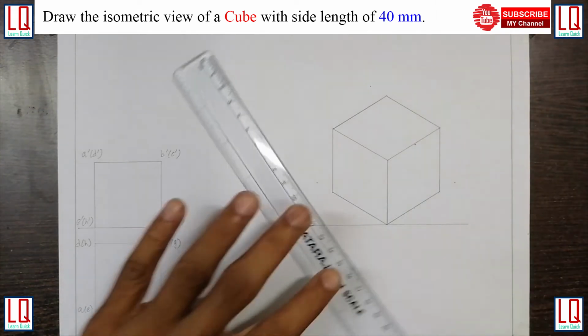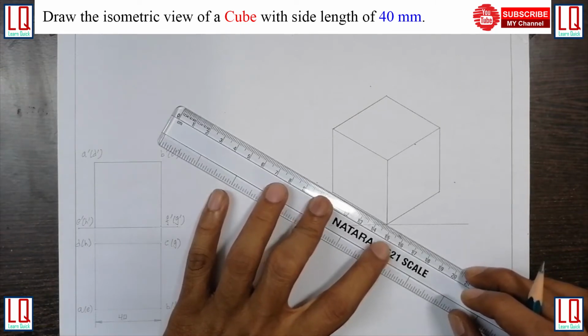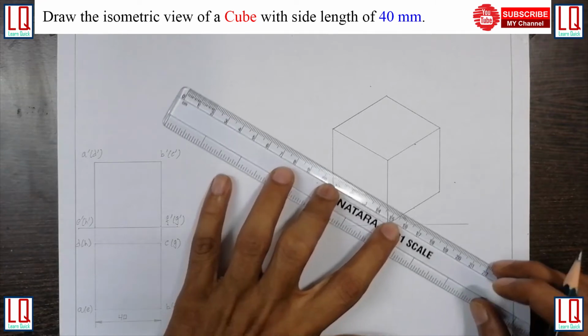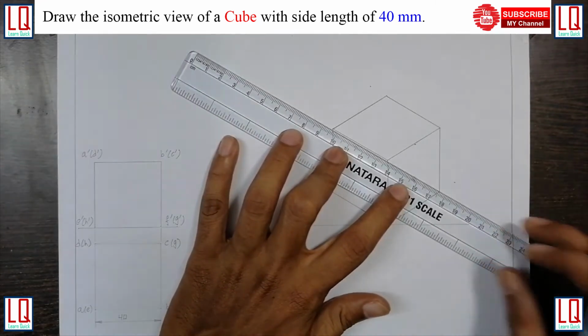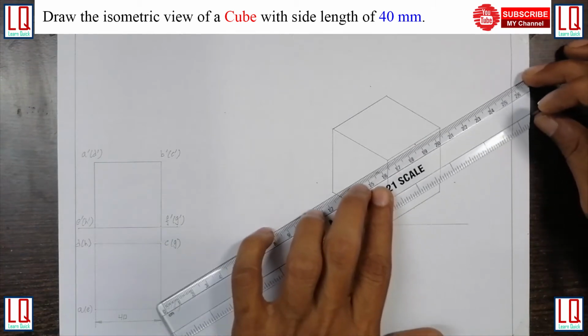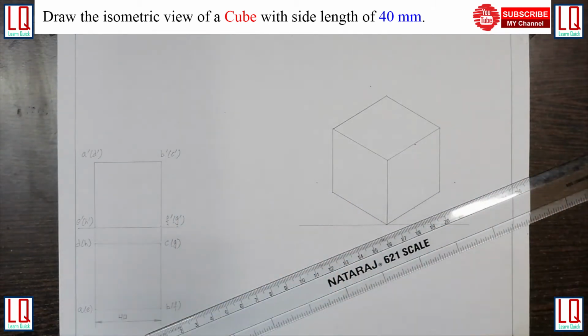So a few points to be noted: this isometric axis is parallel to this line. Similarly this line is parallel to this. While constructing this, it is very easy if you use your engineering drafter.